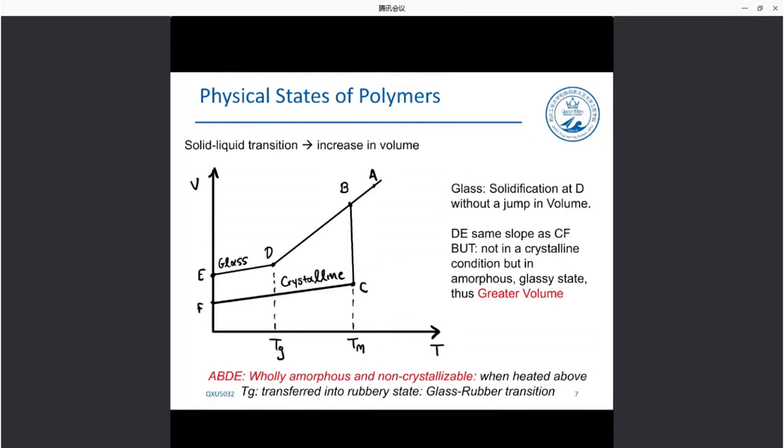So if we compare an amorphous or a crystalline material, sometimes amorphous materials can also be called glassy, okay? Let me make a note here. Anytime you see glass here, I don't mean a real glass, but an amorphous material.